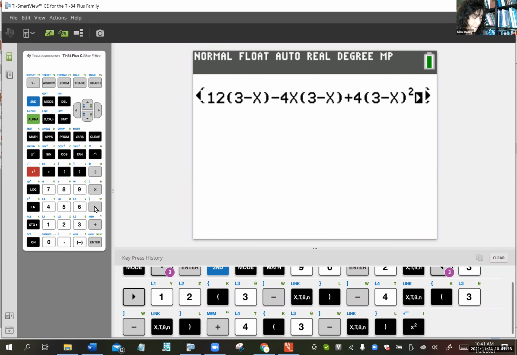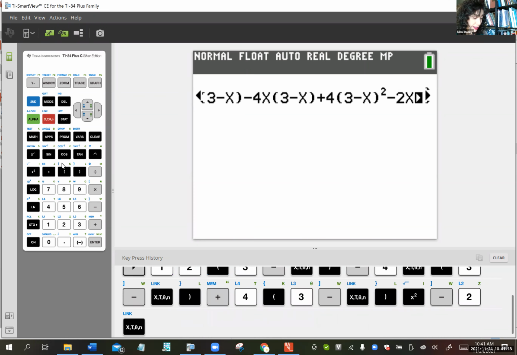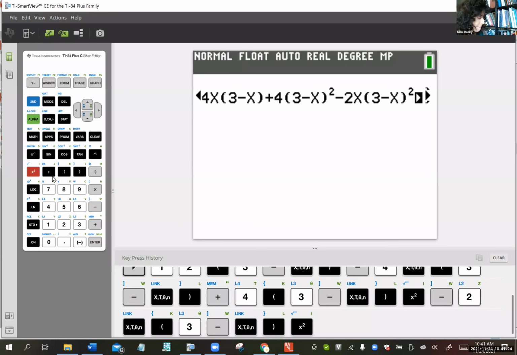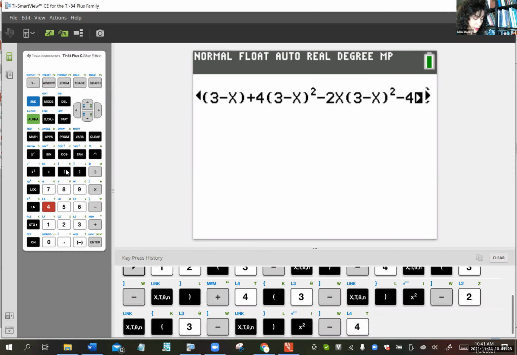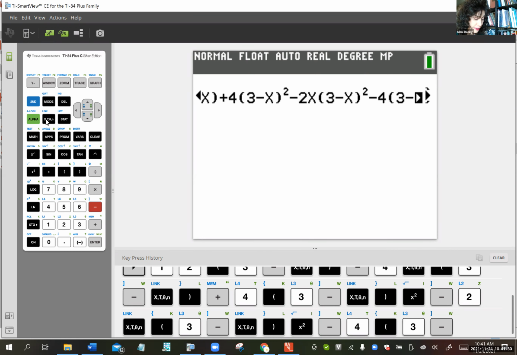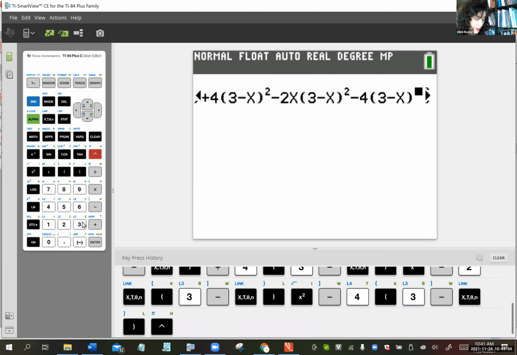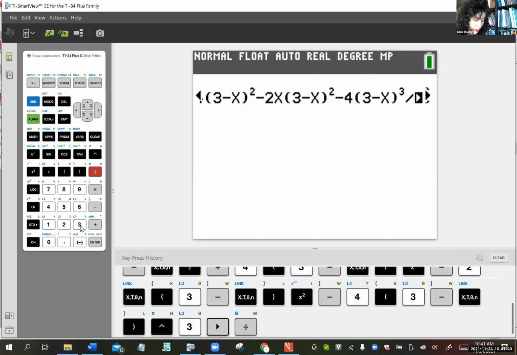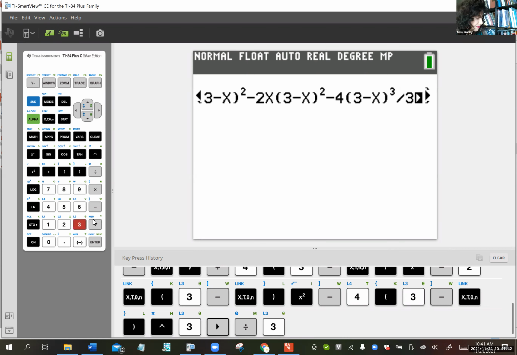Minus 2x parentheses 3 minus x squared, minus 4 parentheses 3 minus x cubed, divided by 3. And I think that's it.